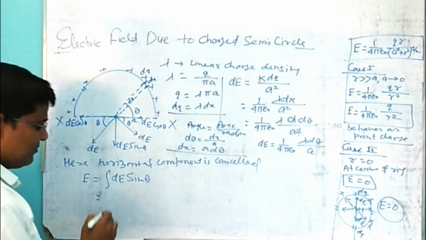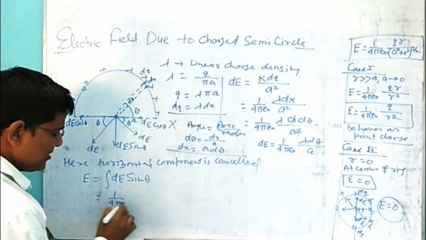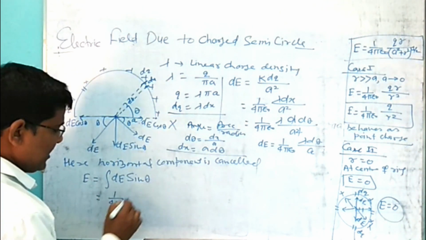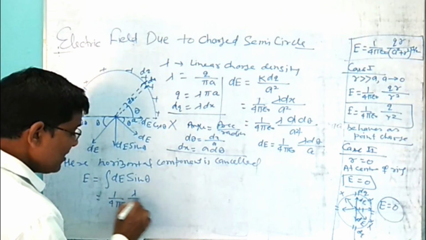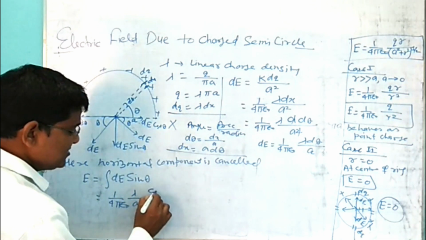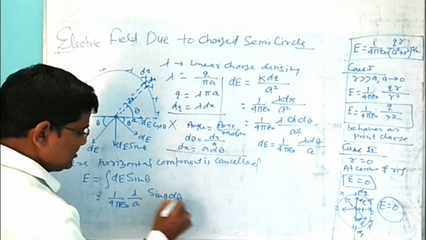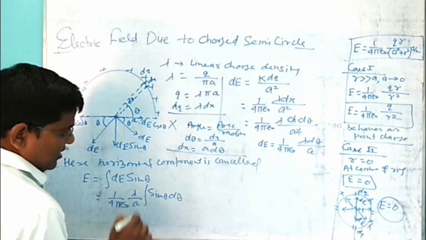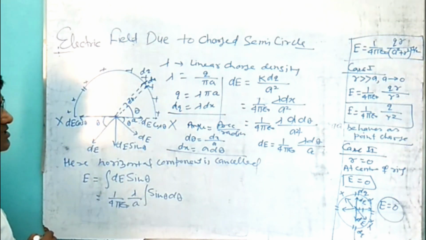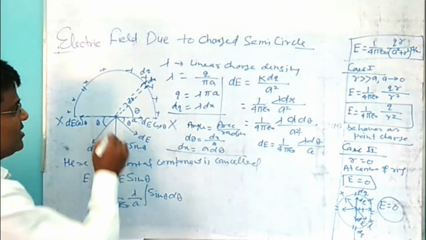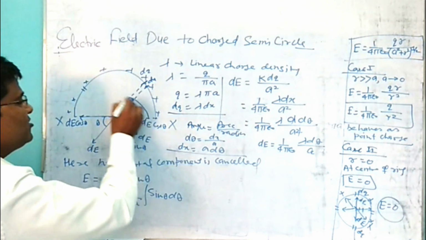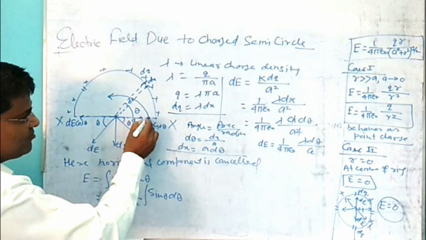Then put here the value: 1 by 4 pi epsilon naught and lambda by a, sin theta into d theta. Now considering the limit. The limit is from here to here, starting from here.